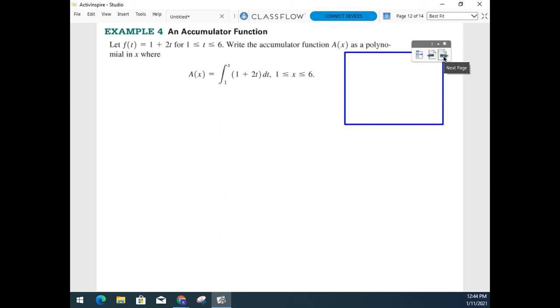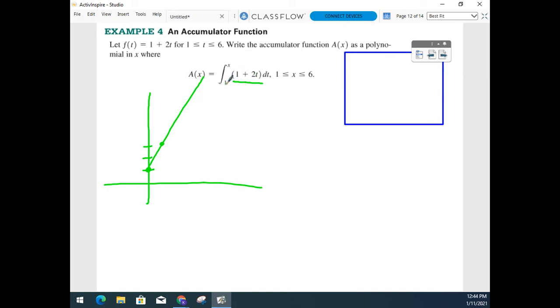So the accumulator function. Okay, so let's go ahead and graph 1 plus 2t. If we think of this on a graph, this is just a line up 1 with the slope up 2 over 1. So this is the equation, the graph of that equation of a line.